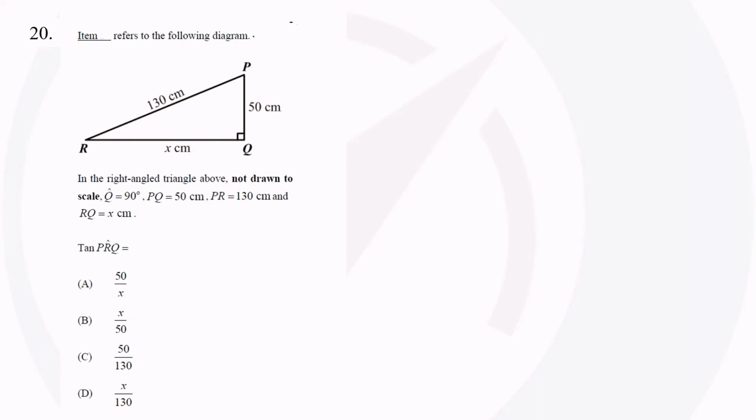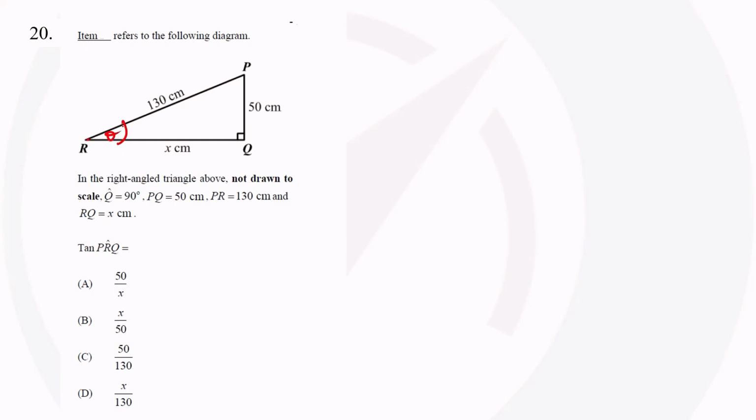It refers to the following diagram. In the right angle triangle above, not drawn to scale, angle at Q is 90, PQ is 50, PR is 130, and RQ is equal to X. Tan of angle PRQ means the angle would be here.